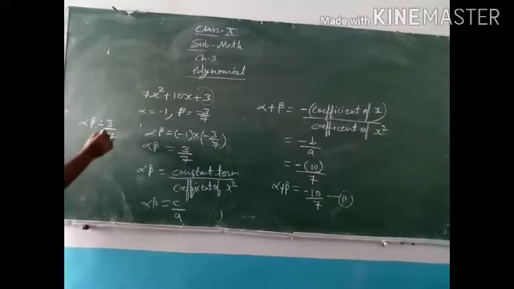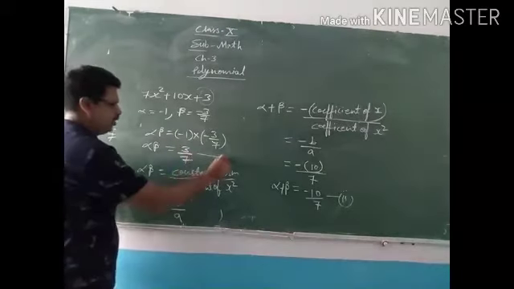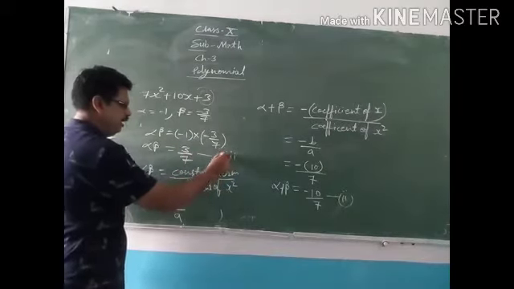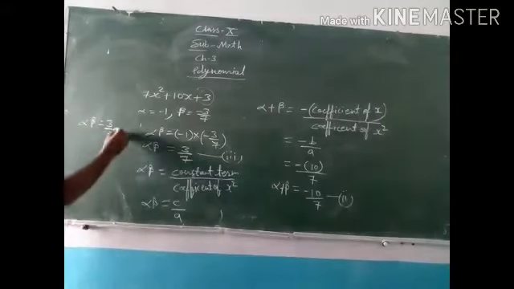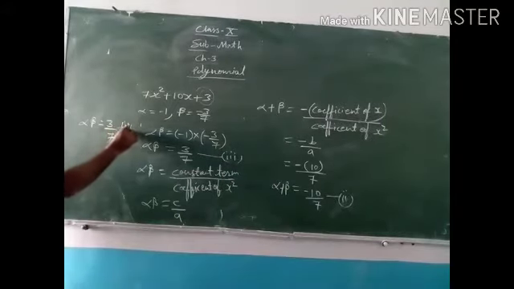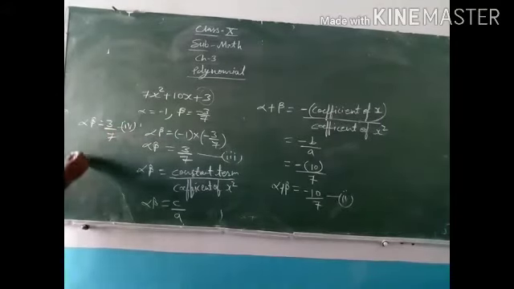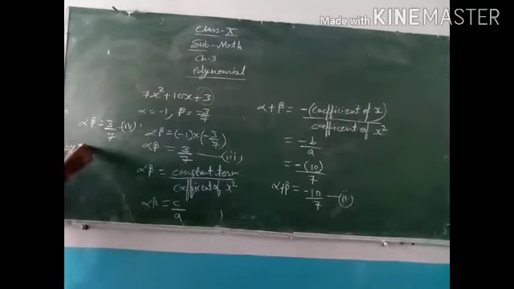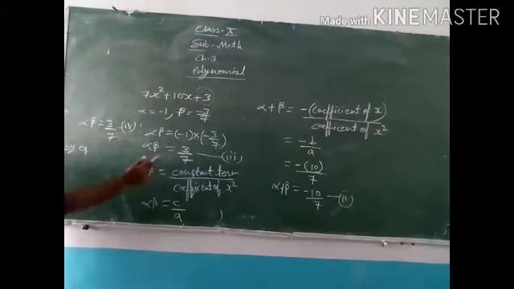Okay. So if you give equation number 3 to this and equation number 4 to this, now look here, both are the same, alpha into beta, 3 upon 7, 3 upon 7.